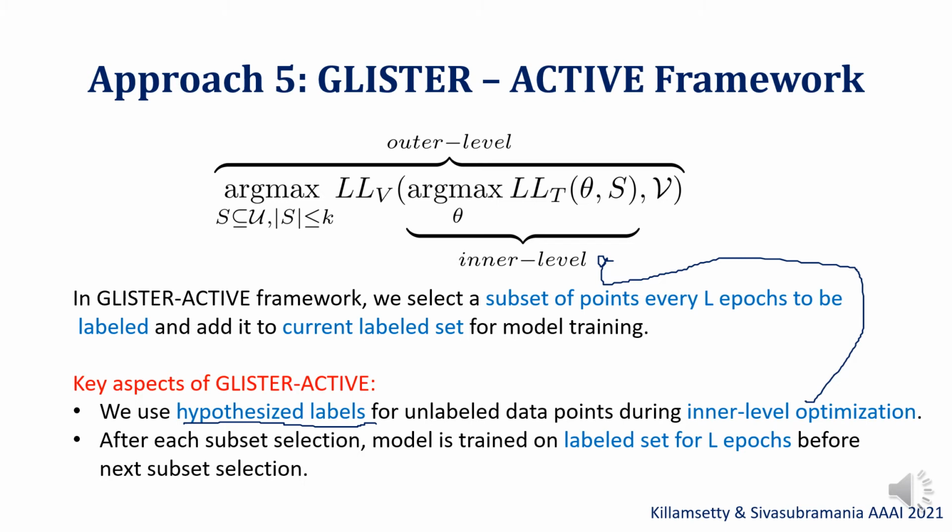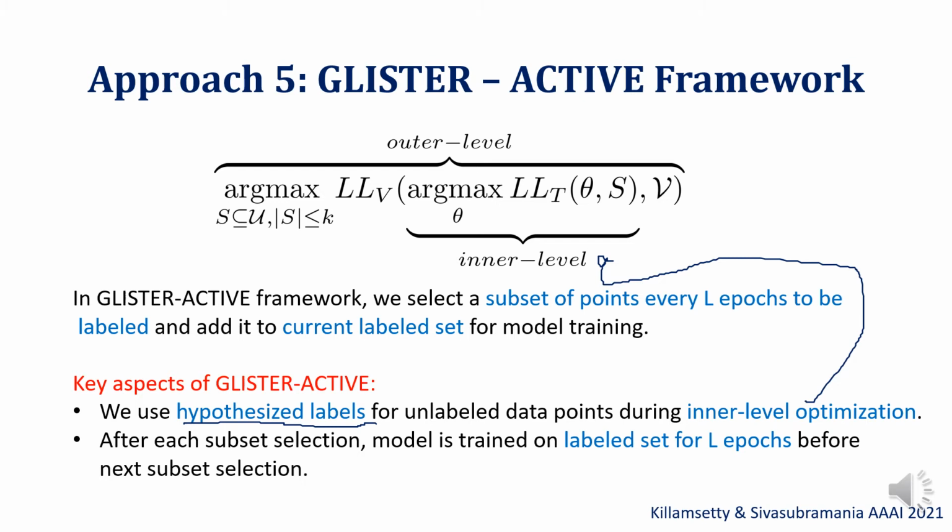Approach 5 is an improvisation of what was discussed earlier, subset selection using Glister. This is called Glister Active. The idea is very much like BADGE, which was kind of an improvisation of CRAIG. Here we select a subset of points every few epochs to be labeled and add it to the current labeled set for model training.